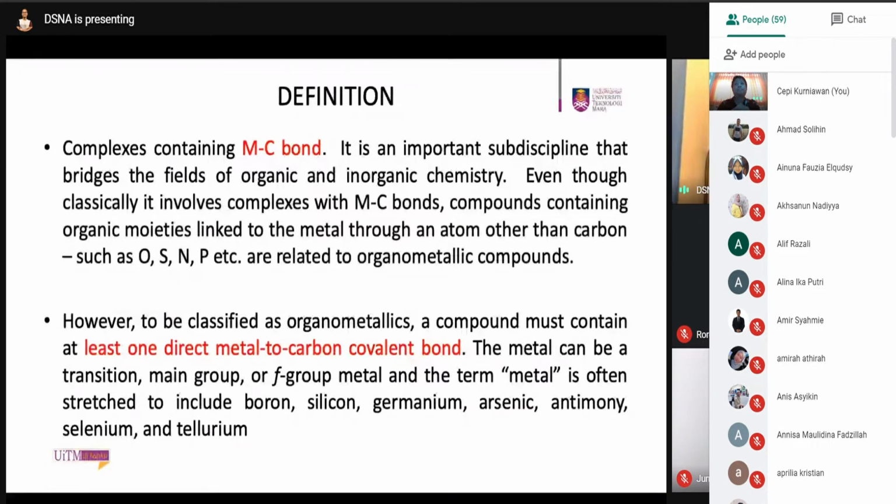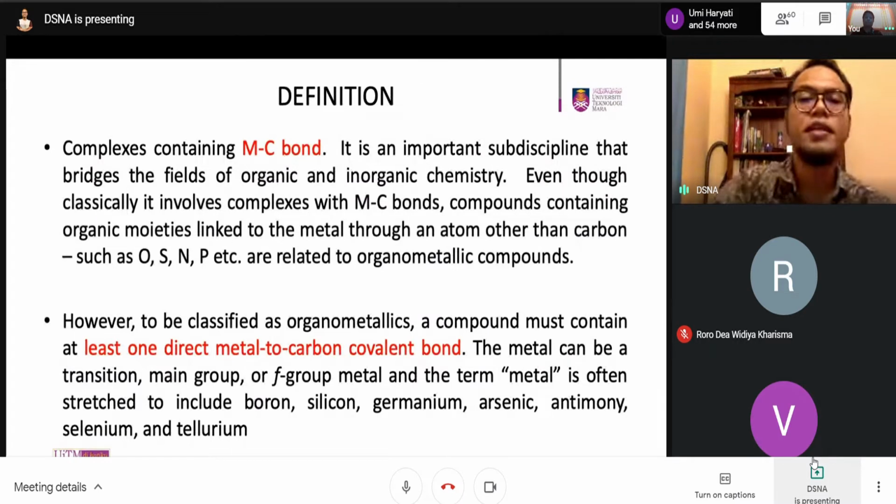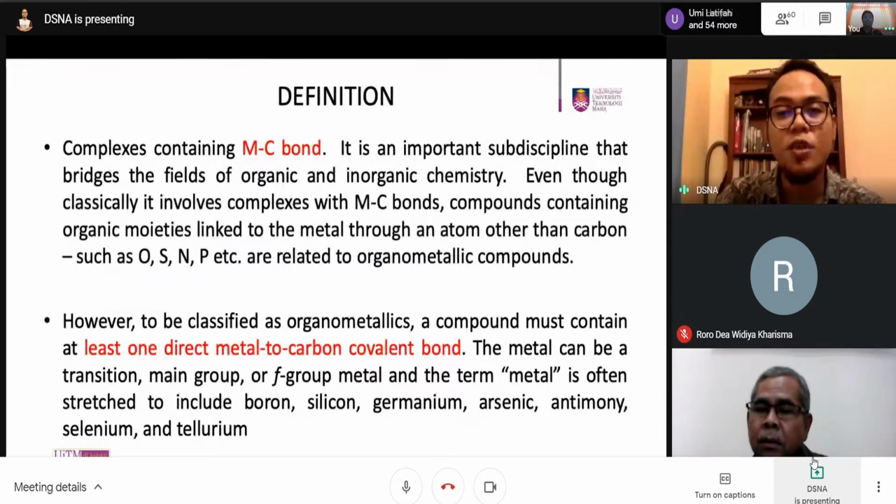Of course, some other compounds that do not have any M to C bonds can be said to be related to organometallic compounds, but they are not organometallic compounds.